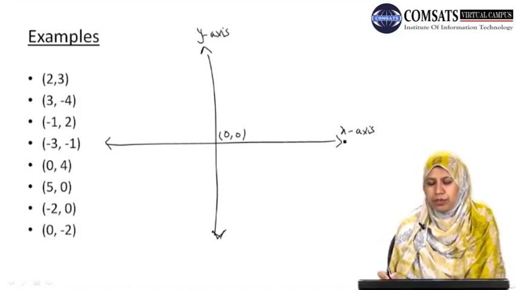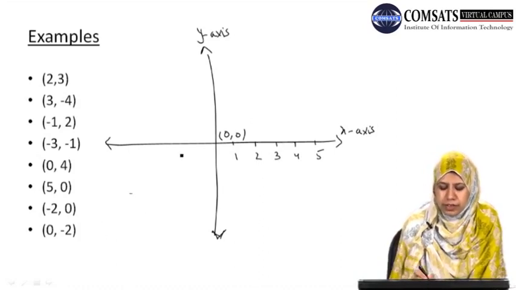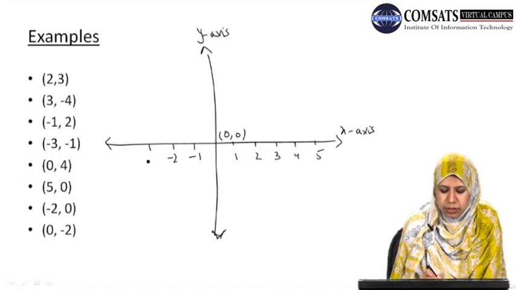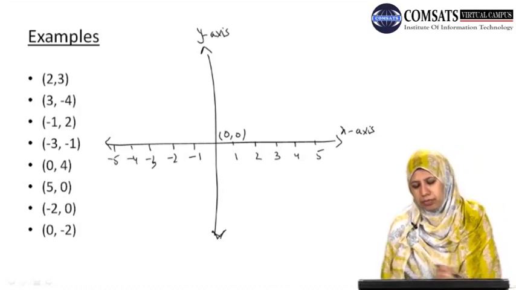On the right side of the x-axis we have positive values, 1, 2, 3, 4, 5. On the left side of the x-axis, that is on this real number line, we have negative values, -1, -2, -3, -4, -5.